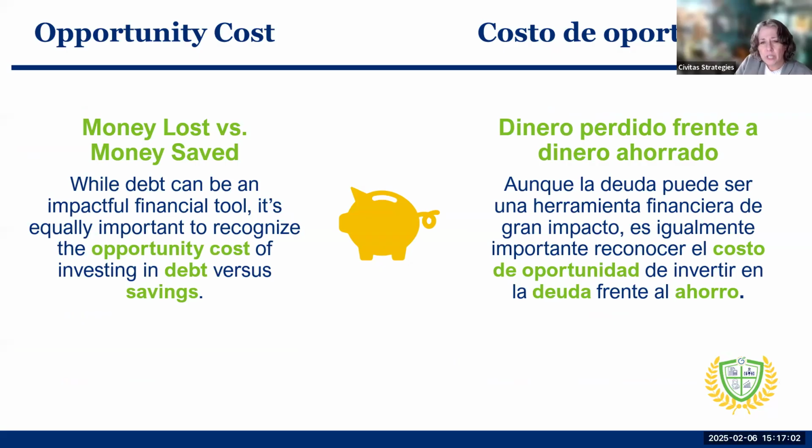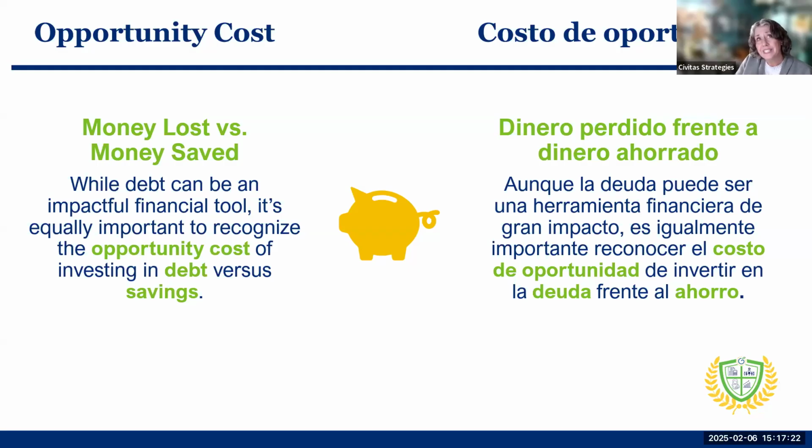One thing we really also need to think about is what's called opportunity costs, right? And that basically is looking at the money that's lost versus the money saved if you're using borrowing as a tool. So consider this, right? You borrow, you're paying interest to somebody else. We know that.